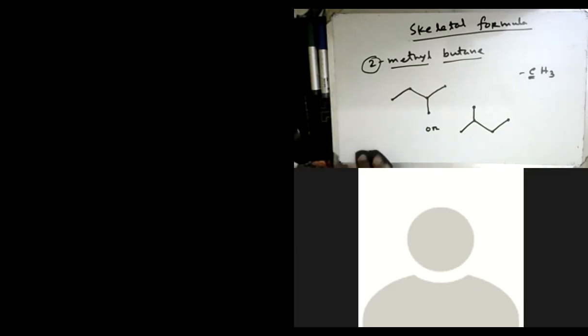Now another example. This is from alkane. Now from alkene. Look at but-2-ene, if we want to draw. There are 4 carbons, 1, 2, 3, 4.